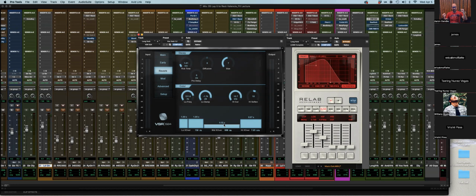Am I losing you with that explanation? No, I get it. So there's an argument that to a certain degree, you can achieve a similar result. Conceptually, I don't equate it the same way and I don't use it the same way, because you're not changing early reflections on one and on the other you are. Yeah, makes sense.